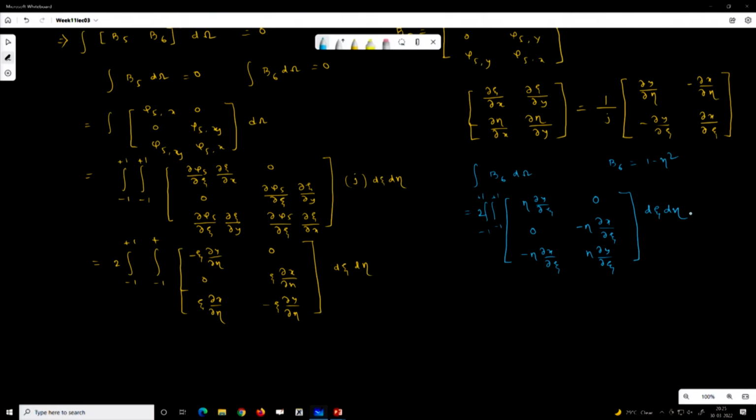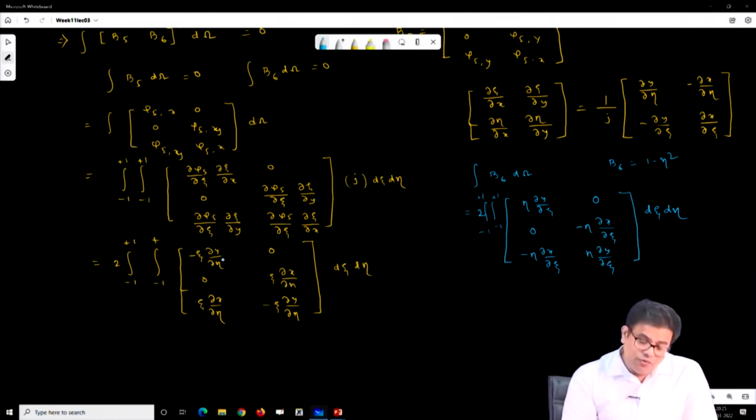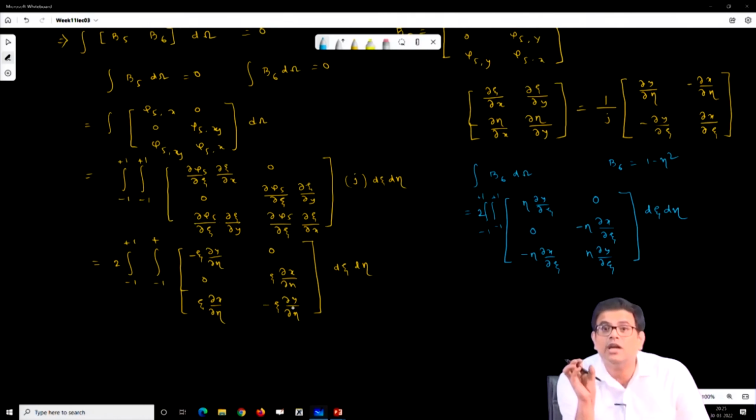Here if you look carefully, what Taylor has seen is that this dy by d xi is actually constant if the element is rectangular or parallelogram form. But if it is an arbitrary quadrilateral, then because of the bilinear interpolation function, this dy by d xi and dx by d xi, dx by d eta and dy by d eta will have linear components.